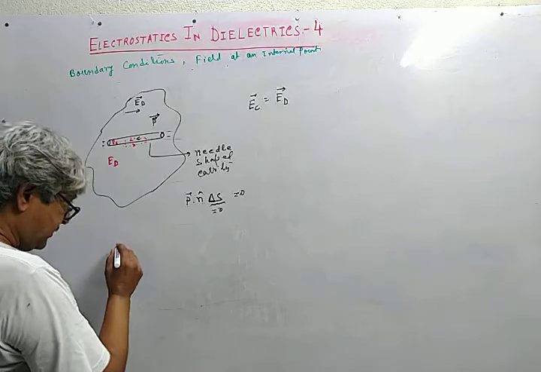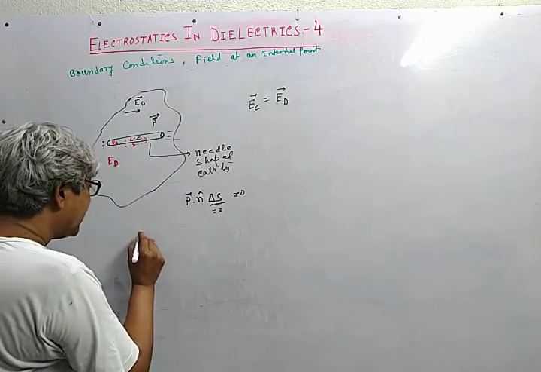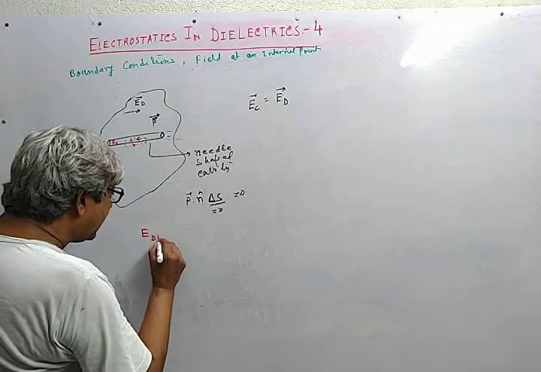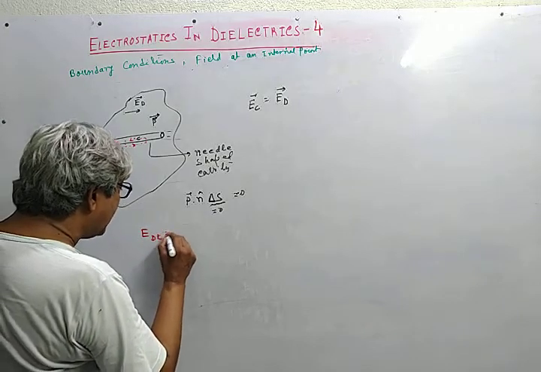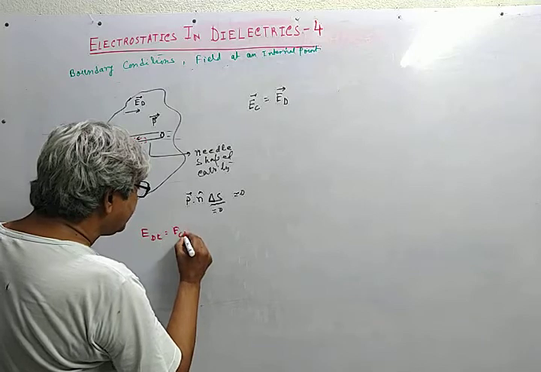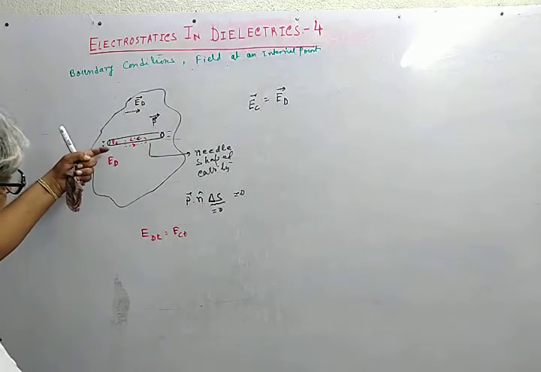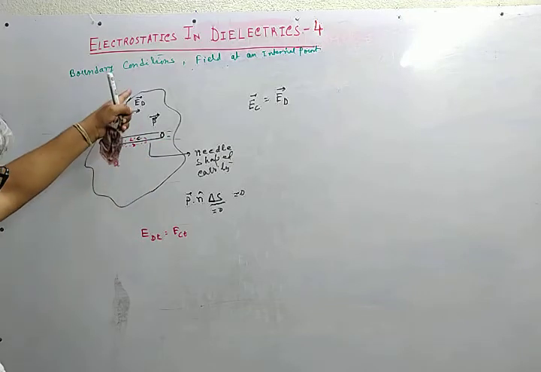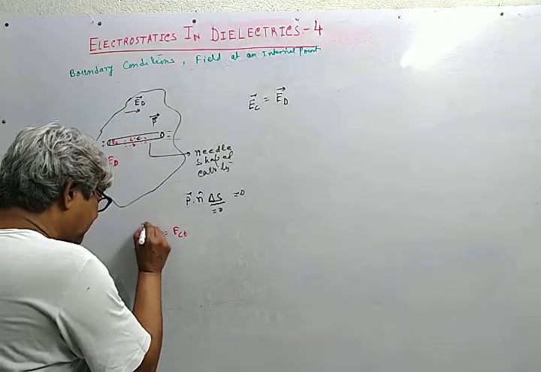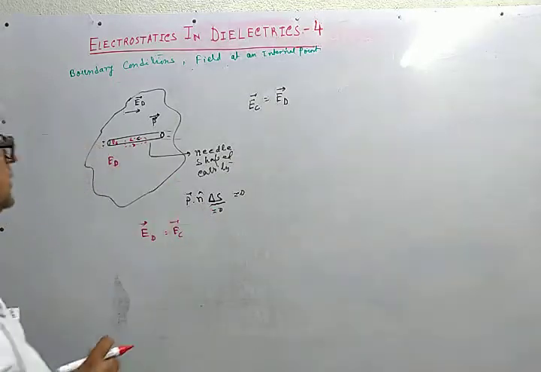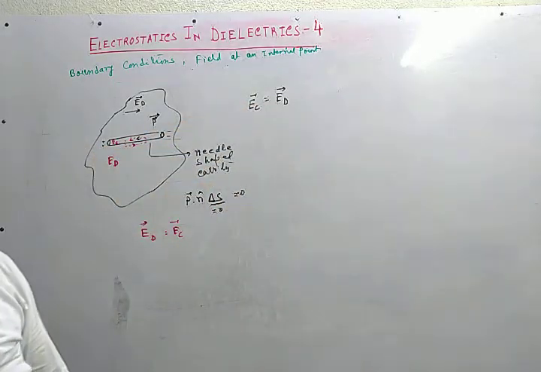So by using the continuity of the tangential component, we find that EDT is equal to ECT. The tangential component is continuous. Since the field is in this direction, there is no transverse component, so we conclude that the fields are the same as well, which we obtained there.